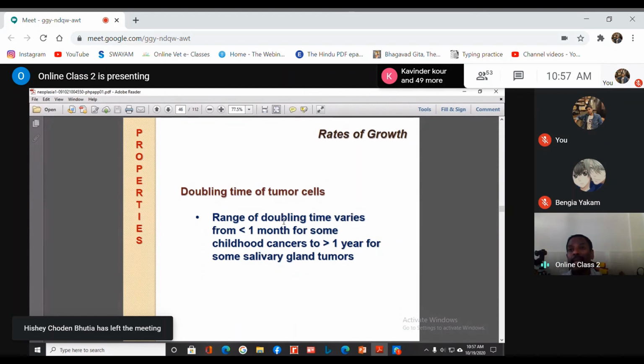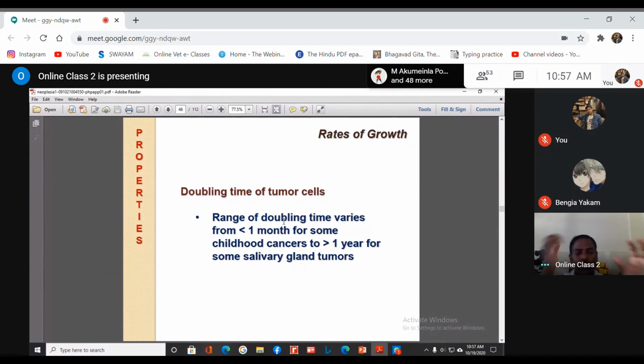That is mainly because the number of cells which are multiplying is more in case of malignant tumors. For instance, if I say 100 cells, out of 100 normal cells, 2 may be multiplying. That means 2 cells will multiply at a given point of time.